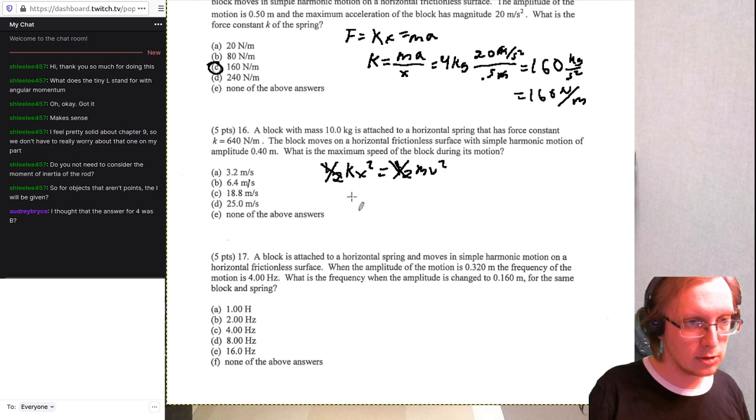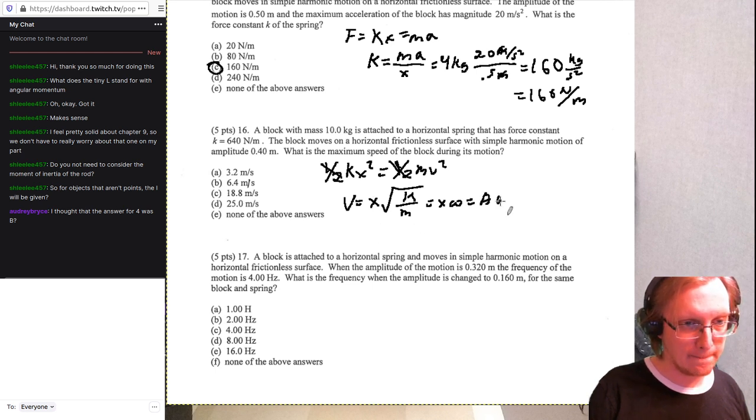Therefore, v is equal to x times the square root of k divided by m. This would also be equal to x omega. Well, x being our maximum amplitude A, you are more likely to see that as A omega.